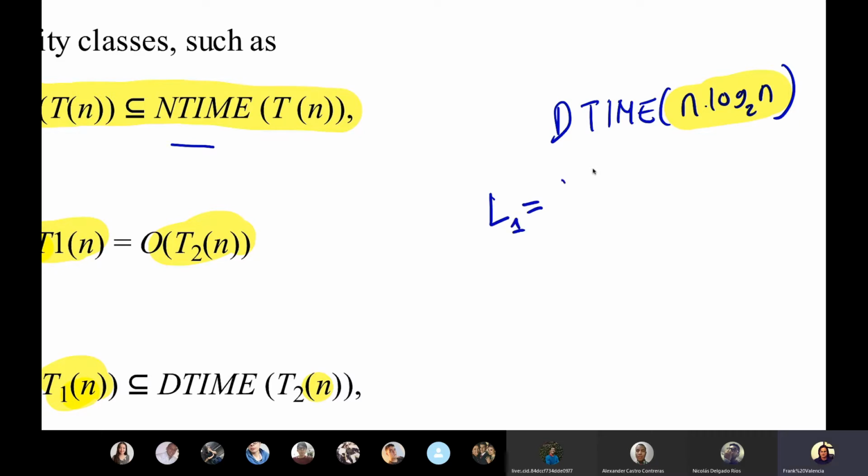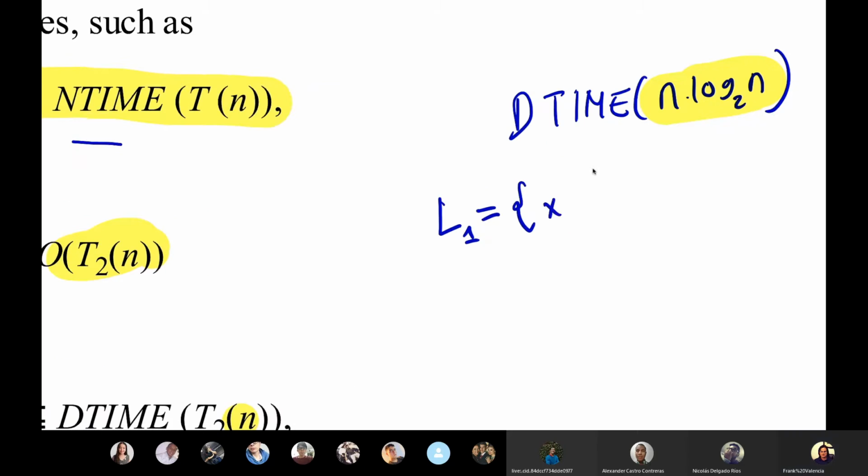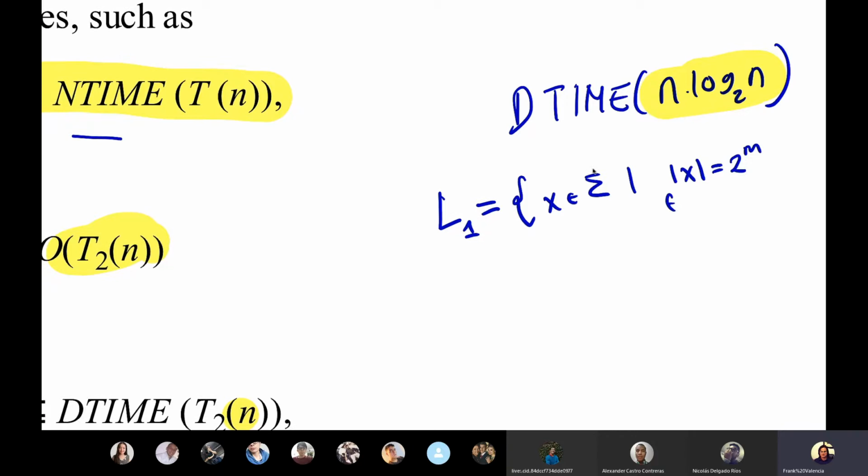L1 is the set of all strings x in some alphabet, zeros and ones, such that the size of x is of the form 2 to the m for some m. This language can be decided, so to know if a string belongs to this language can be done in n log n. We saw that, remember?